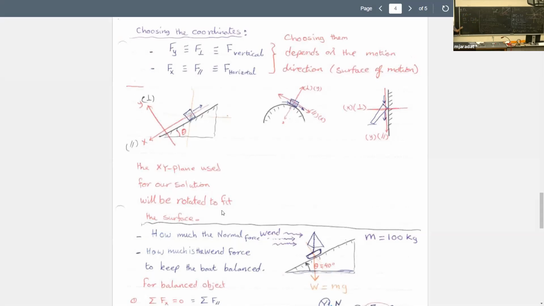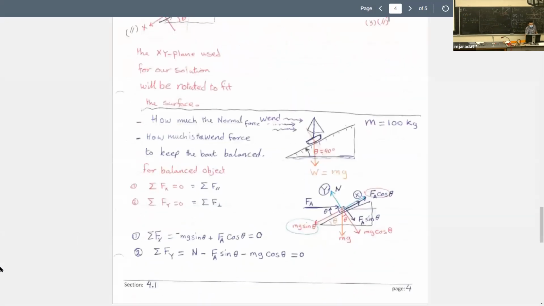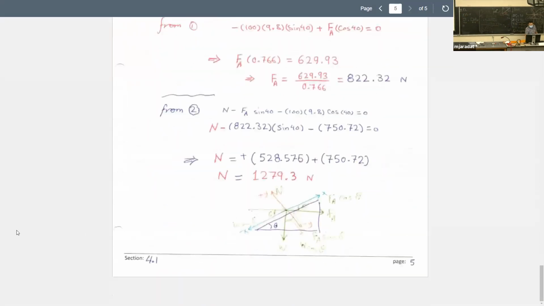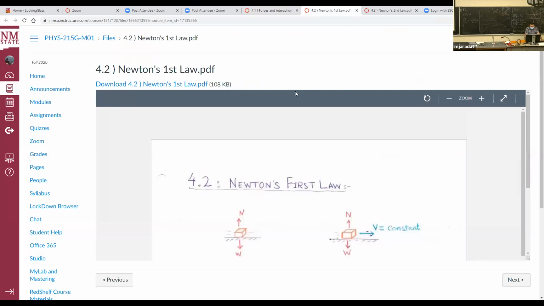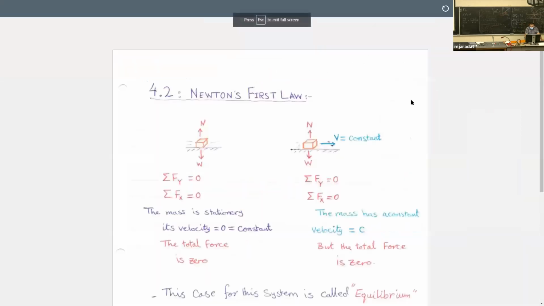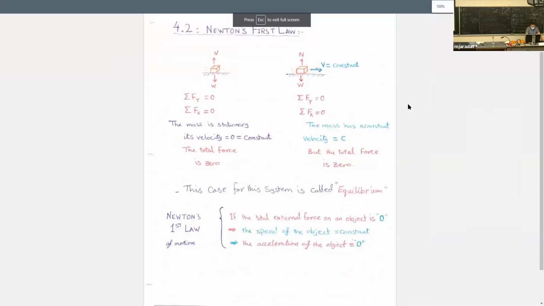In other words, the acceleration is equal to 0. Always. Is that clear? Because the total force is equal to 0. So the stationary object will stay at its state.